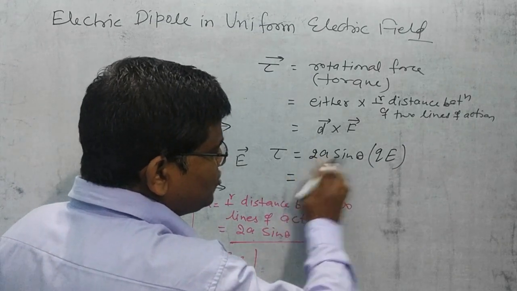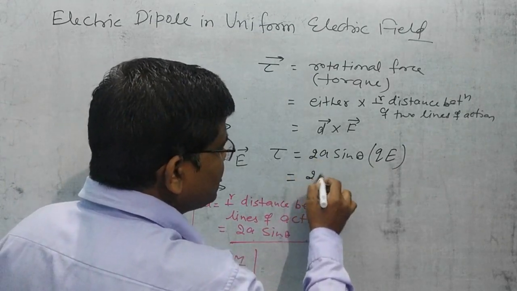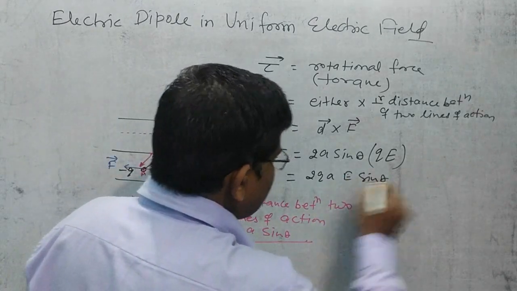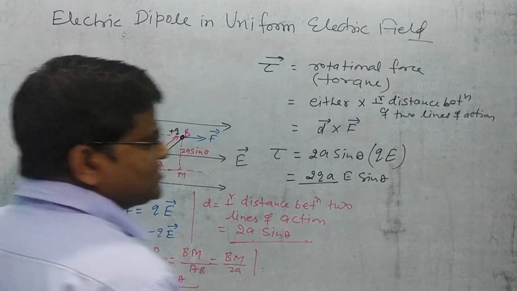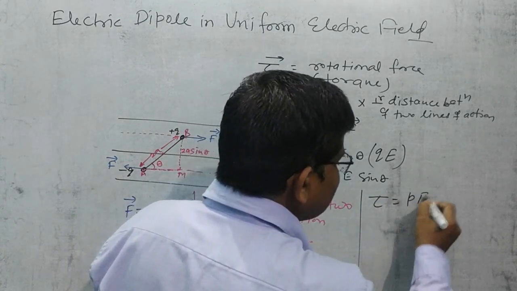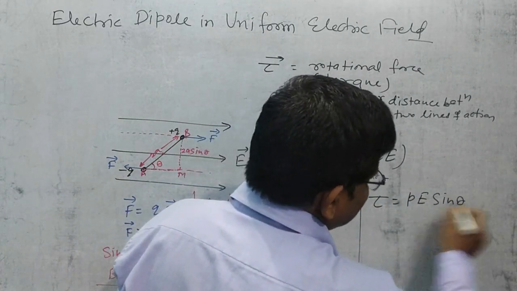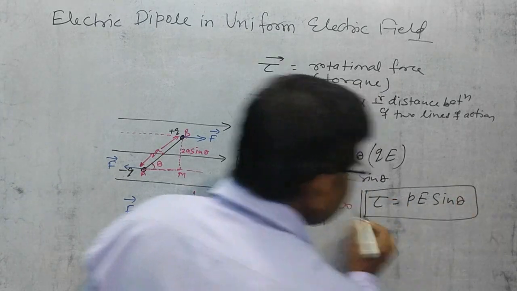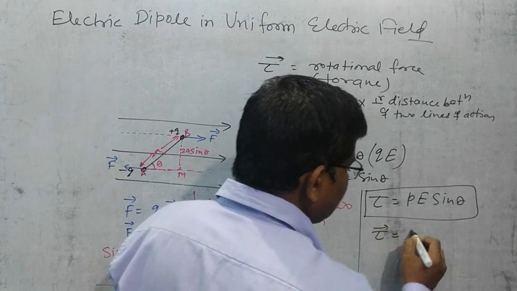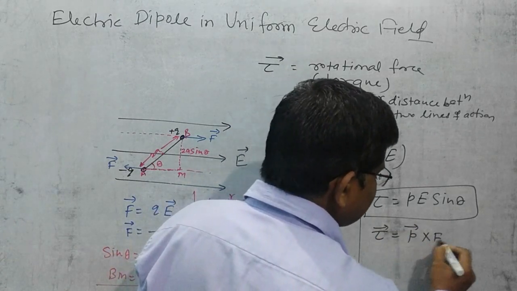Then 2a qE is 2qa E sin theta, and 2qa is p, so tau is equal to pE sin theta. In vector form, this becomes p cross E.